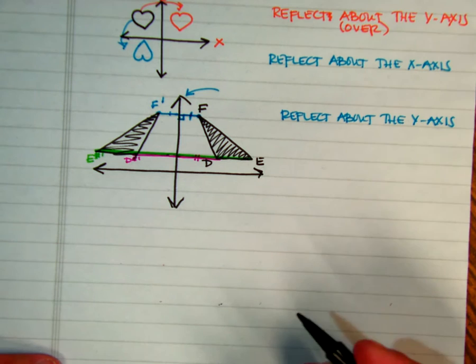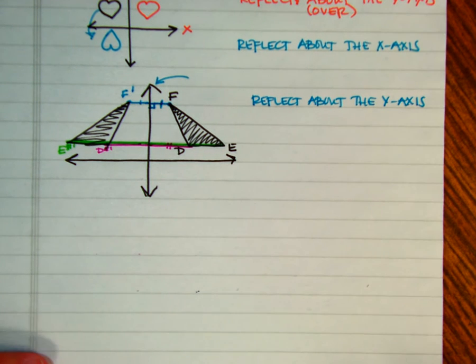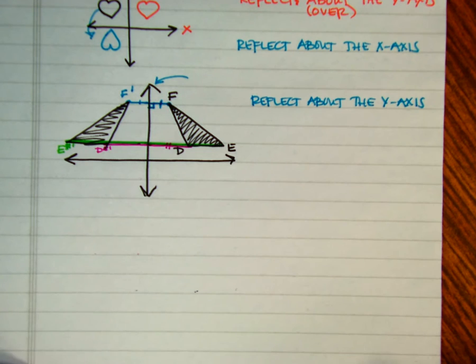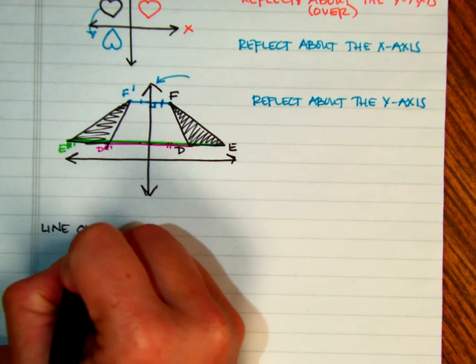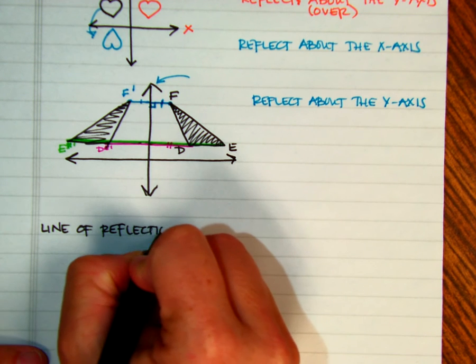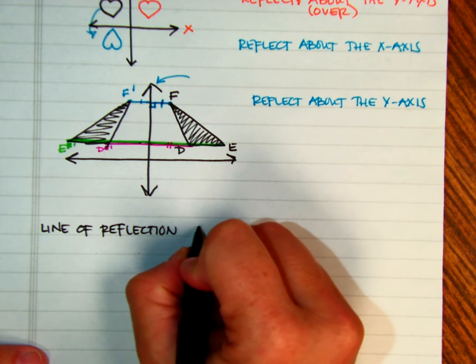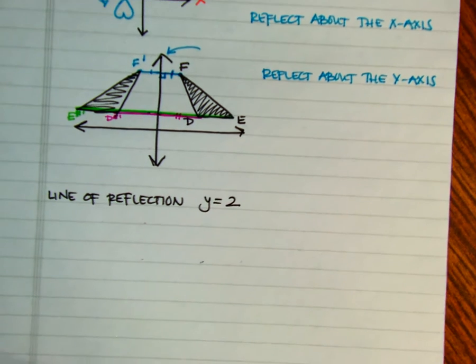Okay, so you also have to know that you can have other lines of reflection. You can have an x equals 2. You could have a y equals -3. So you need to remember from algebra where your lines actually are. So if we have a line of reflection, and it is y equals 2, you need to know where that is.